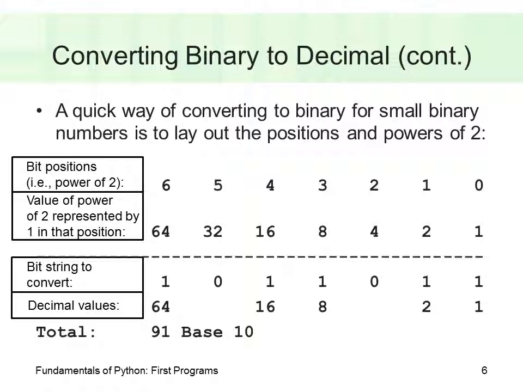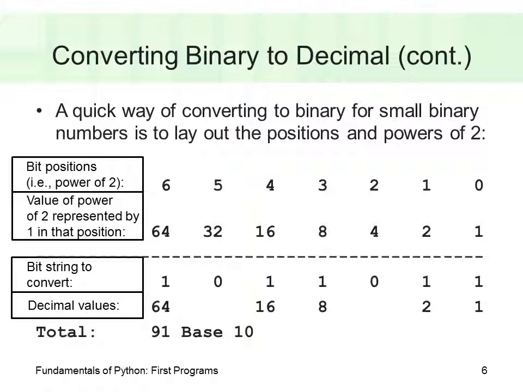Well, 32 is too big. So I'd have to go to 16. There is a 16 in 27. So I would then put a 1 down for 16. 27 minus 16 should give me 11.